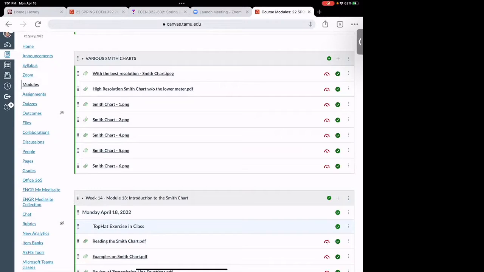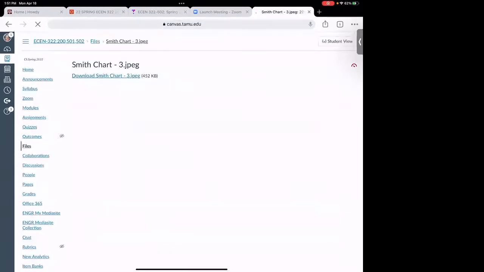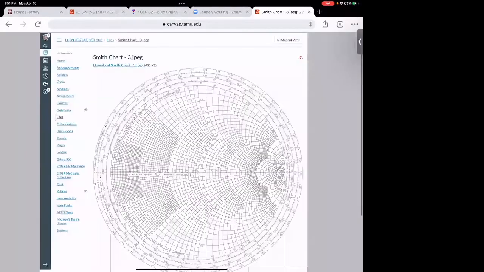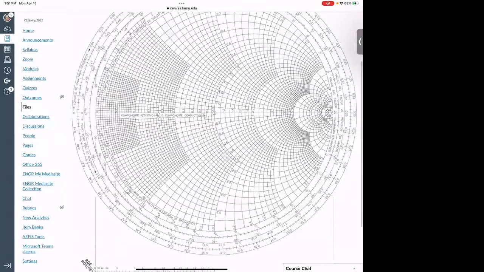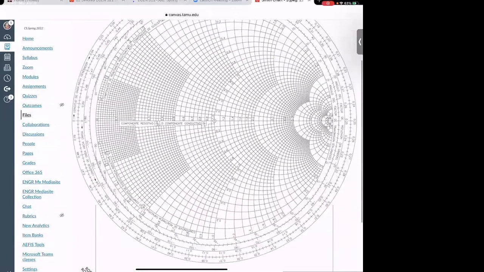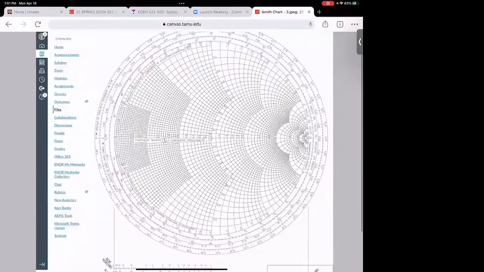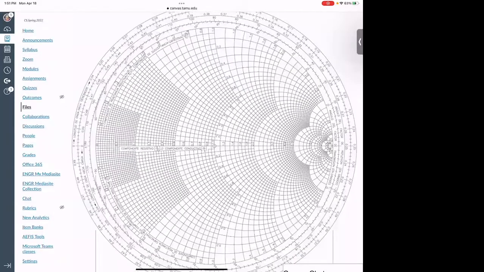I have given you some guidance on which Smith chart has the best resolution, because if you go through all of them, you will see that they change in terms of resolution. So you can select one, download it, do your work on it, and then upload it again.